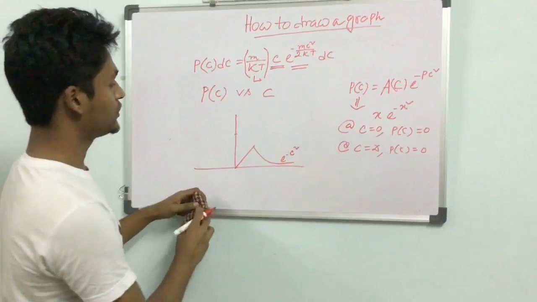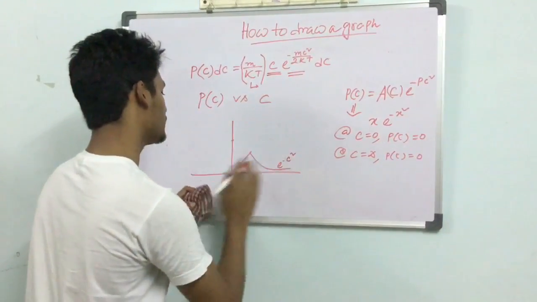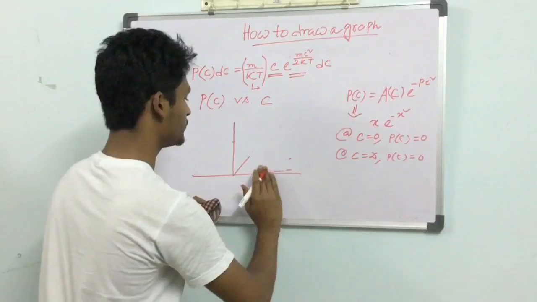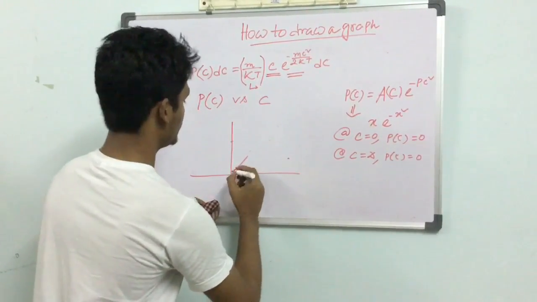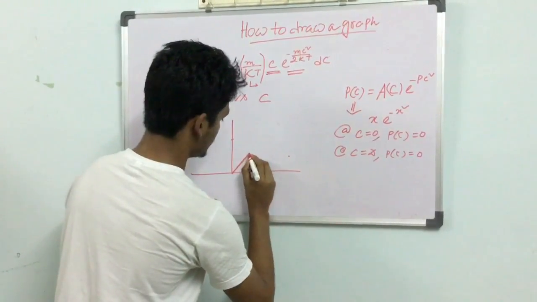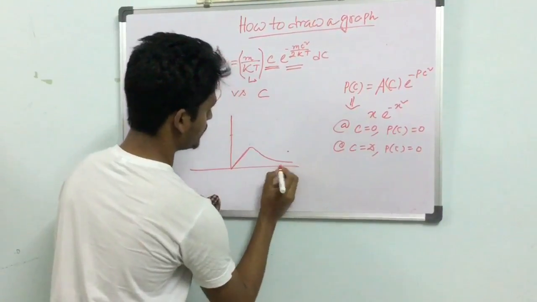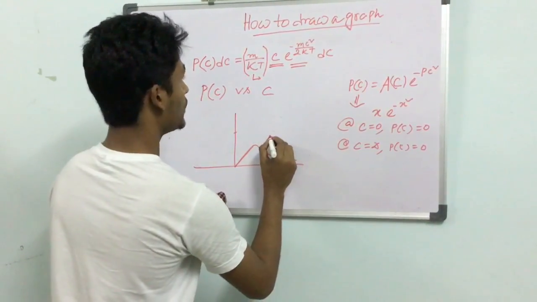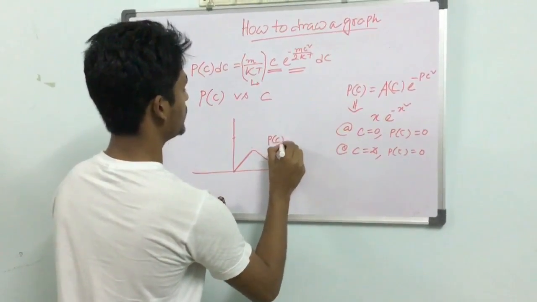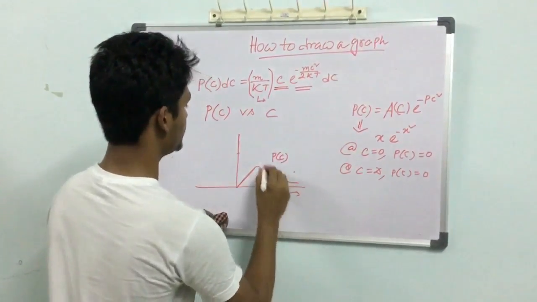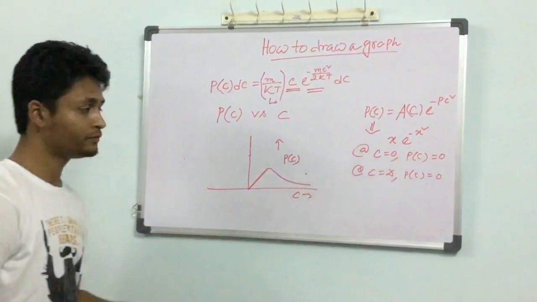So what will be the actual graph of the function? This will be like so. This is my P(c) versus c.